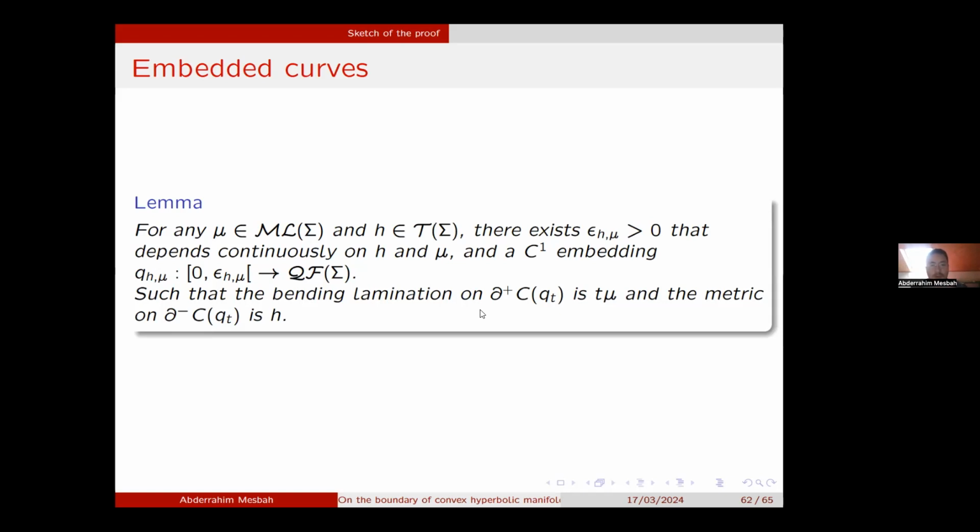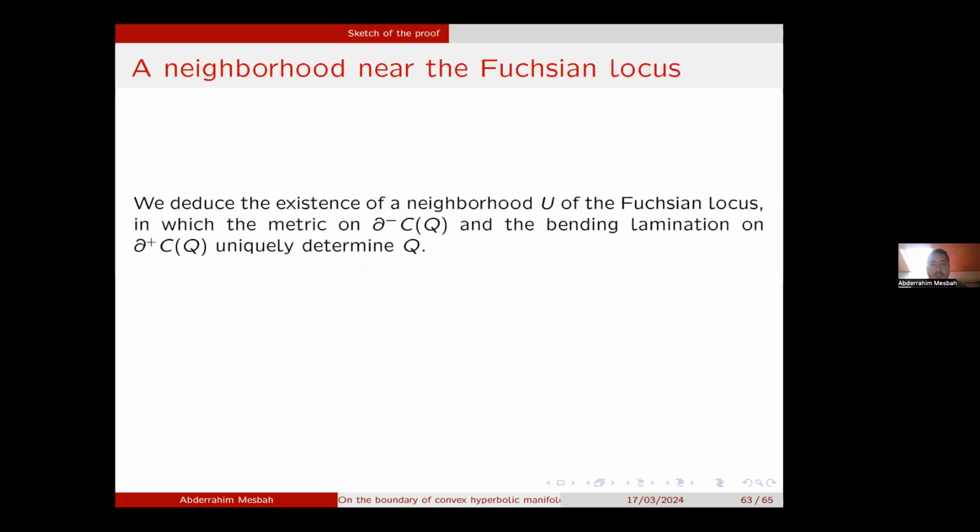When we take the union of all of these curves, it will form a neighborhood of the Fuchsian locus, in which, when we know the metric on one side of the convex core and the measured lamination on the other side, we know which curve we are in, and then we know which quasi-Fuchsian manifold we are talking about.